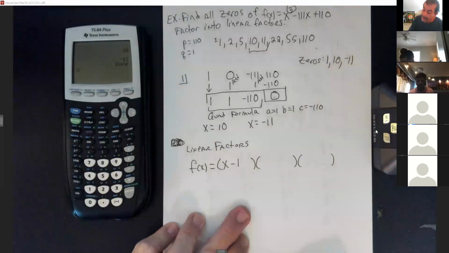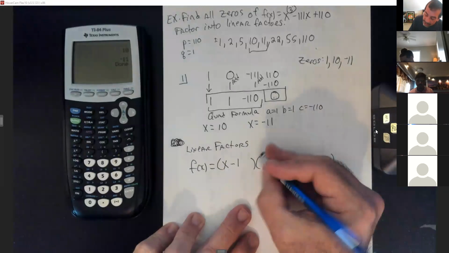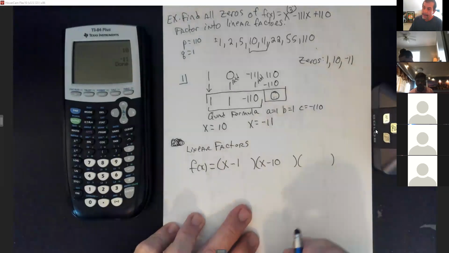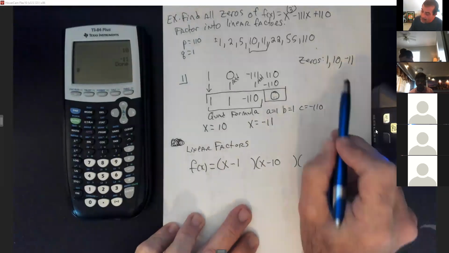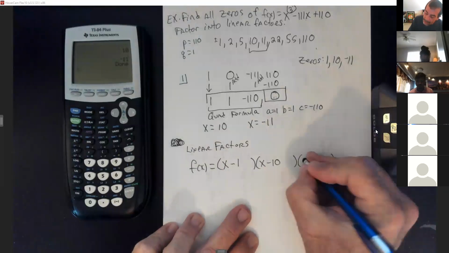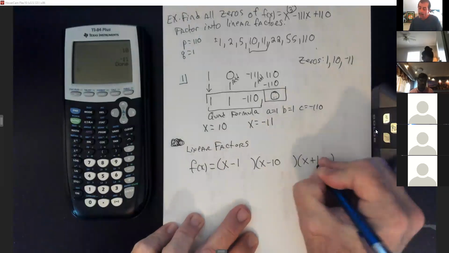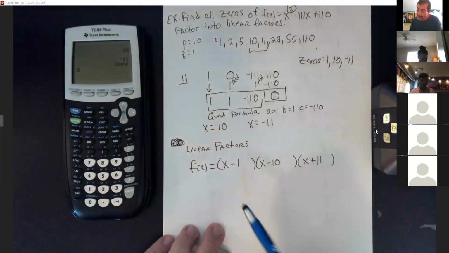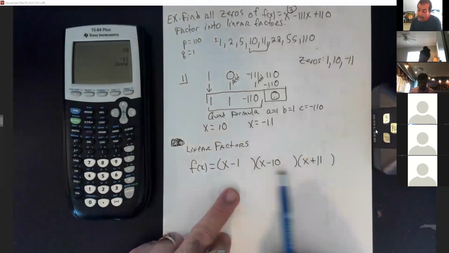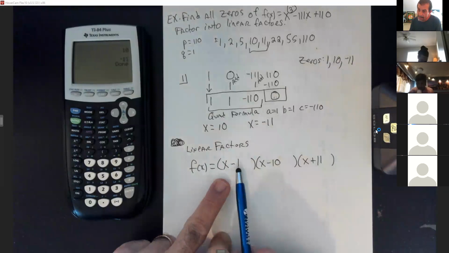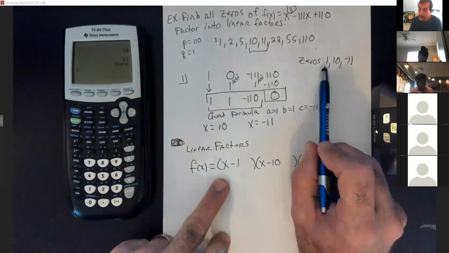Since that was a positive 10, the factor will be x minus 10. And then since the last one was a negative 11, this will be x plus 11. So what they want you to realize is that when it's in factor form, the numbers are always opposite in sign than your answers or your zeros are, okay?